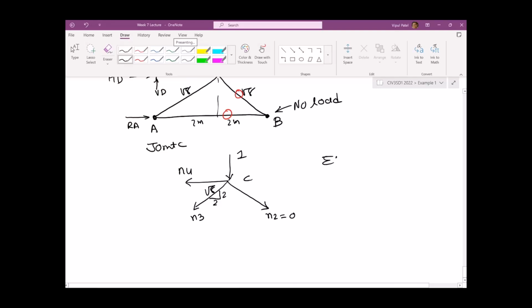Let's say sum of the force in the y direction, upward is positive: minus 1 down, minus N3 times 2 on square root 8 equal to 0. N3 equal to minus 1 times square root 8 on 2, minus 1.41. So N3 is minus 1.41.